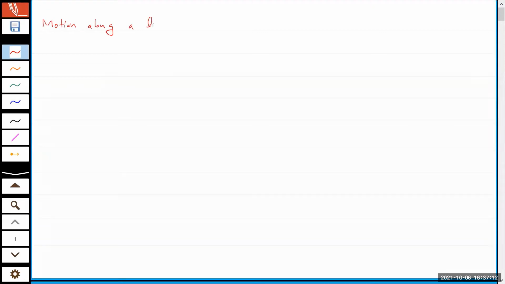3.4, which is motion along a line. I will write a definition here. Let s equals f of t be the position of a moving object.